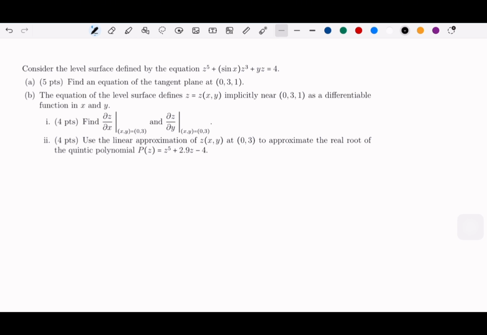Basically all these questions will be related, especially the last two. So after you get the partials, the last one is basically the linear approximation, which is basically the tangent plane. It's very similar to the tangent plane formula, and then we are going to use it to approximate the real root of this polynomial.